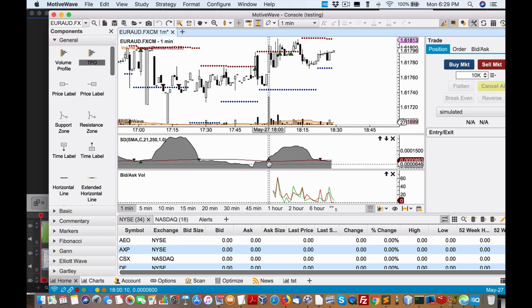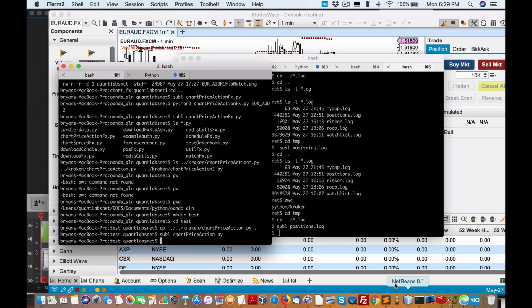Here we have potential buy entry. Very interesting. You know, if I was just to watch these two, bid ask and standard deviation, I'd be very interested to see. So right here, if you looked at my watch list, let me just show you what I'm seeing here.